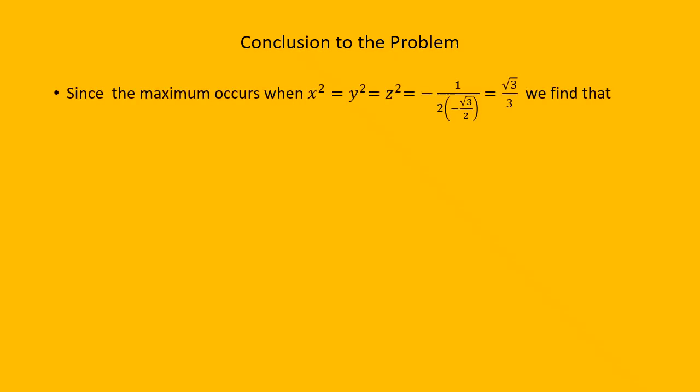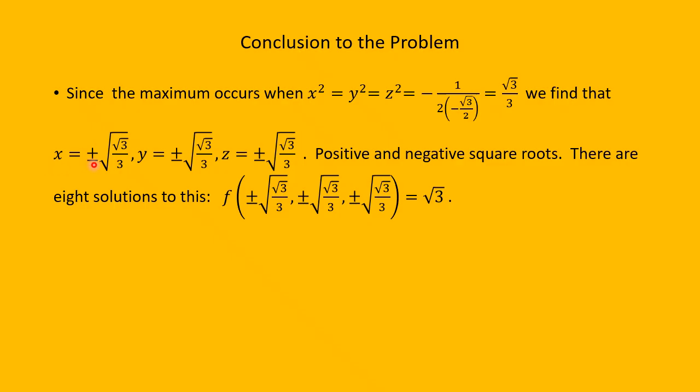So what can we conclude? Since the maximum occurs when x squared, y squared, and z squared are equal to this number over here, which simplifies to the square root of 3 over 3, we find that x can be plus or minus the square root of the square root of 3 over 3, similarly for y and z. Notice that if x squared equals this number, then x has to be plus or minus the square root of this number, and that's what we have right here.